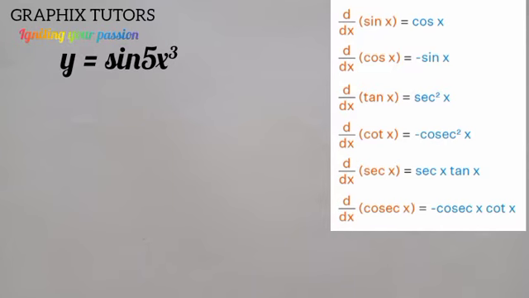Now let's apply this to the question. We should find dy over dx of this. Our y is equal to sine 5x cubed, and we're told to differentiate. There are many ways you can go with this, but I'll give you a faster, quicker way of analyzing this problem.